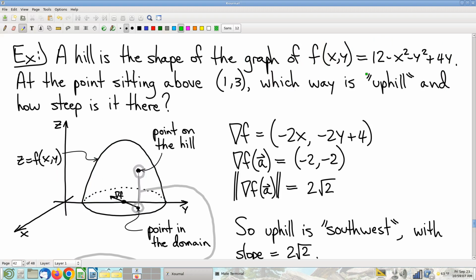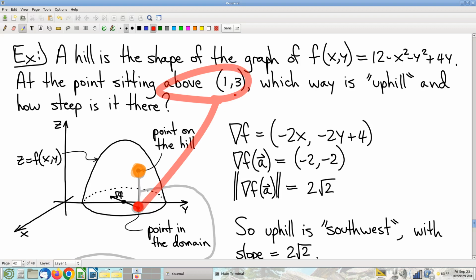I'm sitting at a certain point. I'm here on the hill. That's me. And now where is that point? Well, it's a point on the graph, but that point corresponds, of course, to certain values of x and y. And so I'm going to say it's the point above (1, 3).